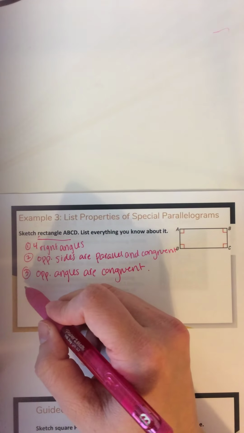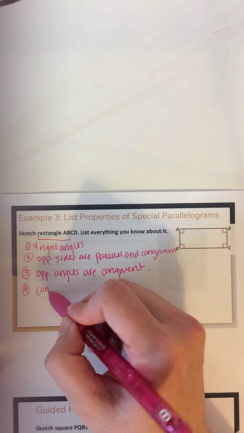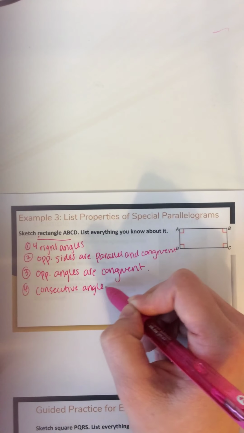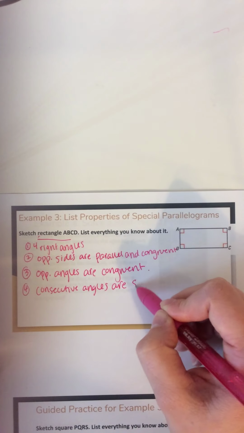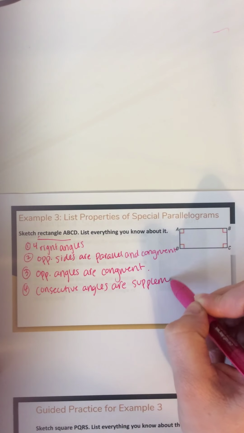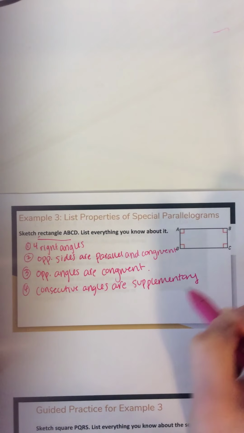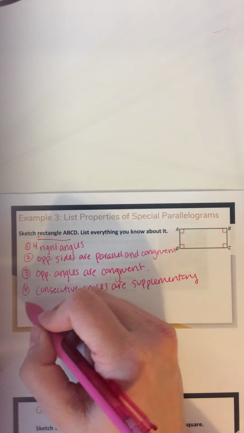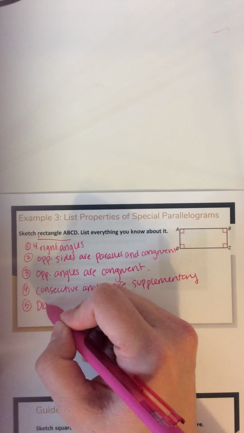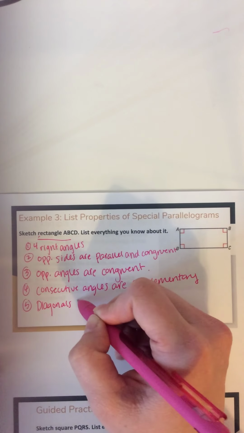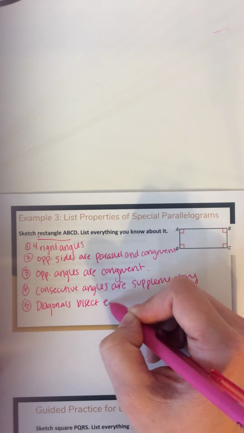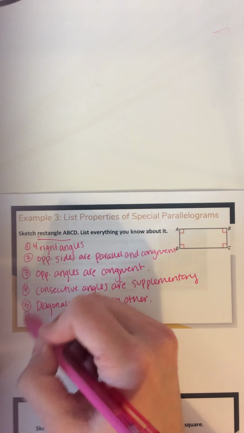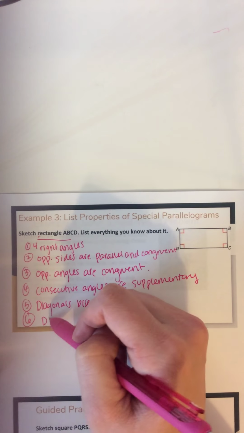We know that consecutive angles are supplementary. And we know that the diagonals are going to bisect each other. And we know the diagonals are congruent.